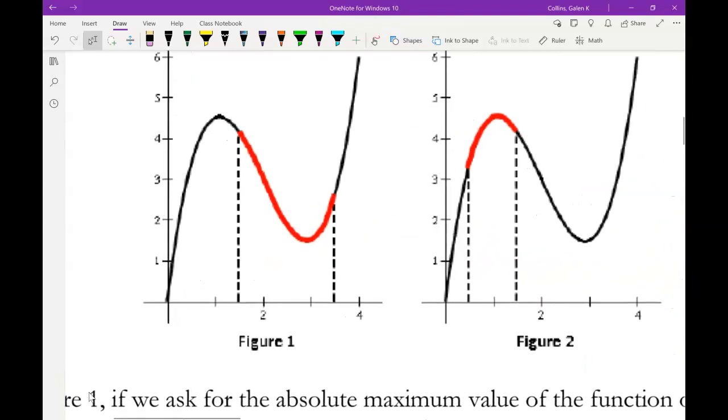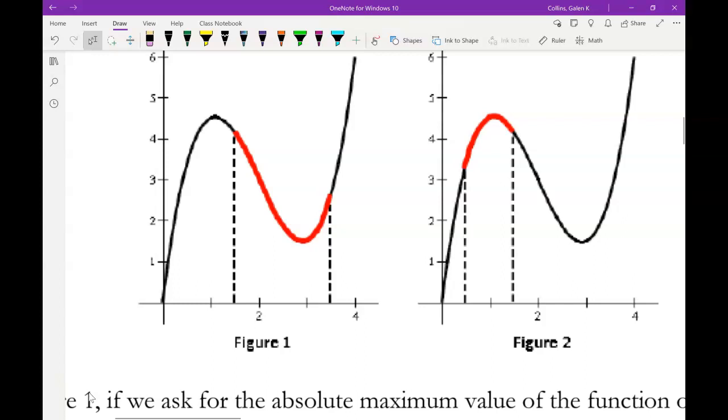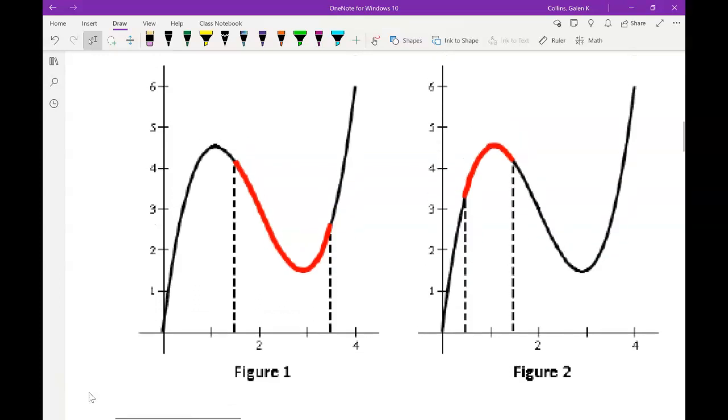Just a reminder that the minimum and maximum can be, but don't have to be, a relative min or max. In figure 1, if we look at this function on this closed interval from some a value to some b value, the absolute maximum would just be the greatest y value, the greatest output on that interval.